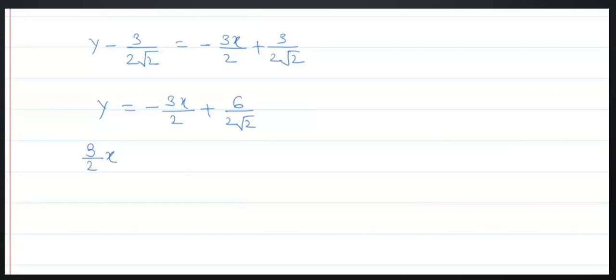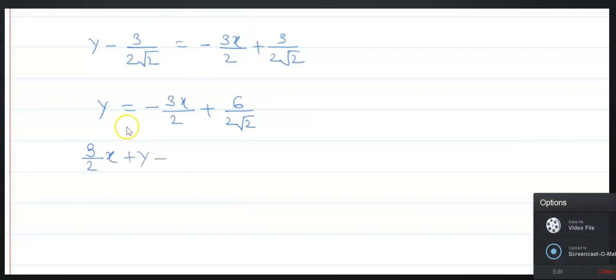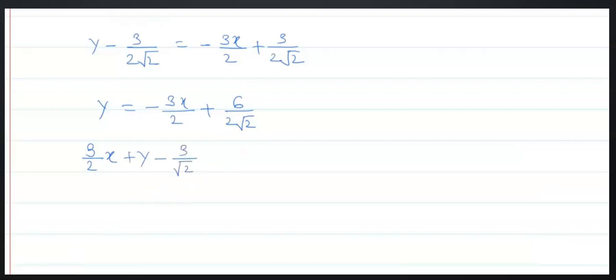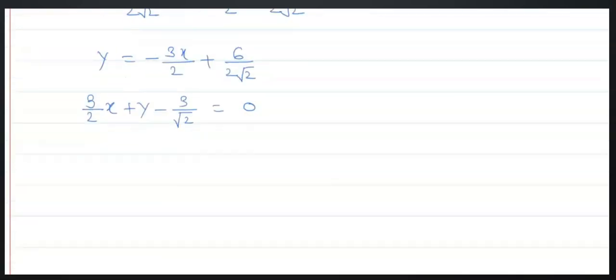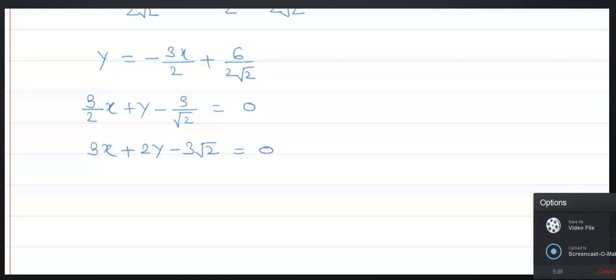Therefore, you will get y is equal to minus 3x upon 2 plus 6 upon 2 root 2, and we will simplify it. That is 3 by 2 x plus y minus 3 upon root 2 is equal to 0, that is 3x plus 2y minus 2 root 2, multiplied.